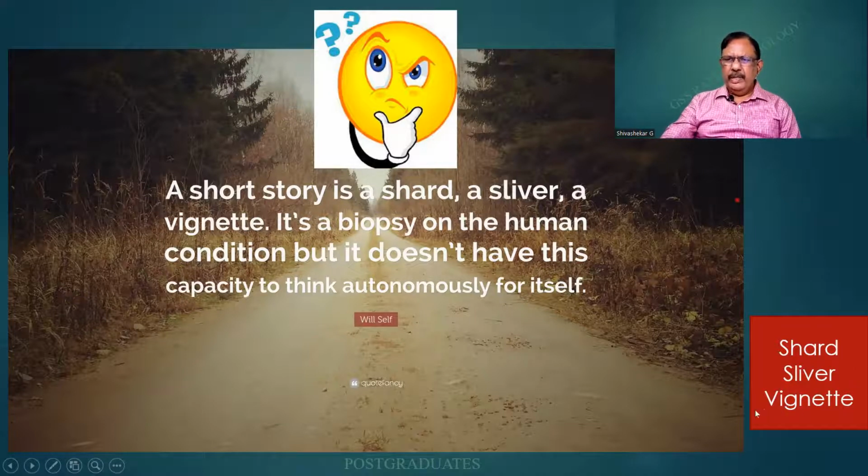And vignette is something that is some kind of a material, such as wool or cotton, etc. After all, a biopsy is only this. And it does not have the capacity to autonomously explain itself. So you people should have the knowledge behind it. The eyes see the slide, but what is behind the eyes? See or know what it is.